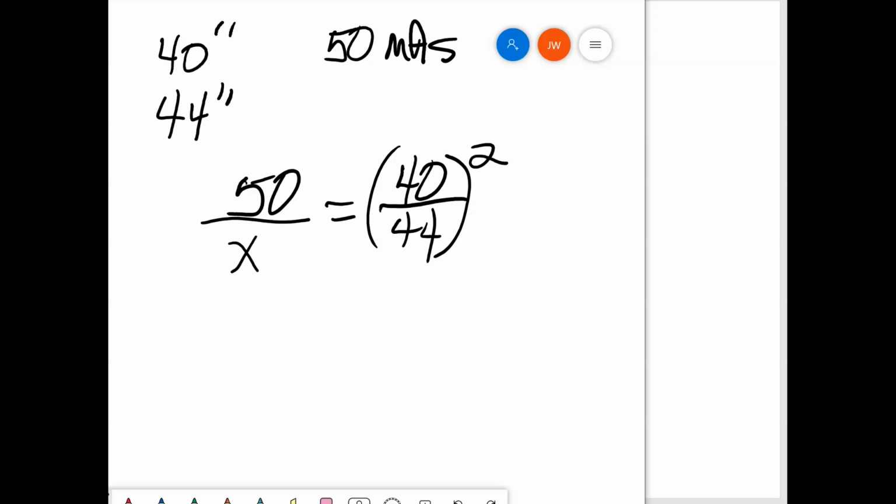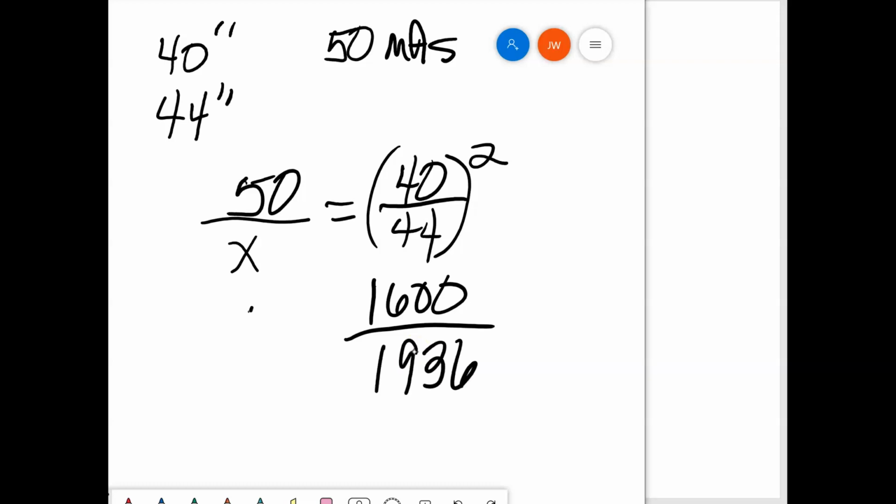Okay, from here, order of operations, you have to bring that square in. So 40 squared is 1600. 44 squared is 1936. And the 50 over X stays the same. So what do we do next?